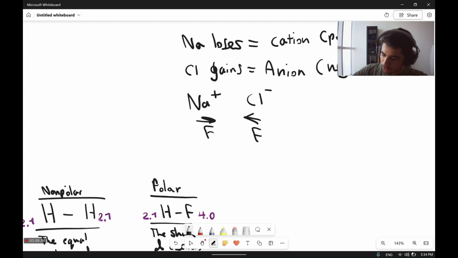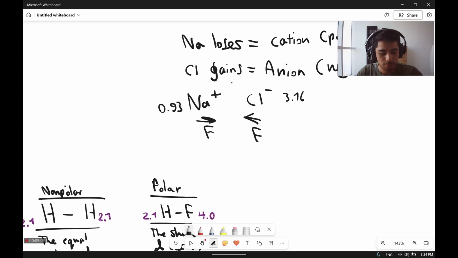The electronegativity of Na is 0.93 and Cl is 3.16.